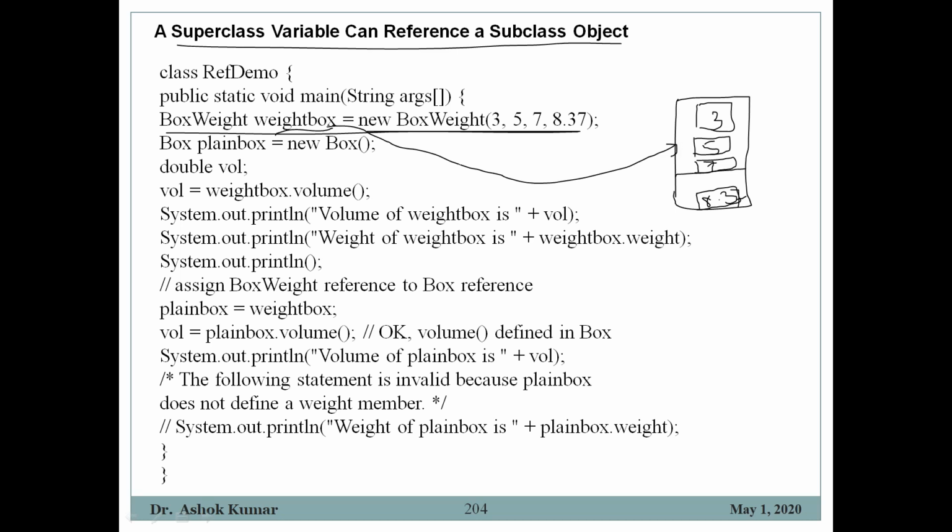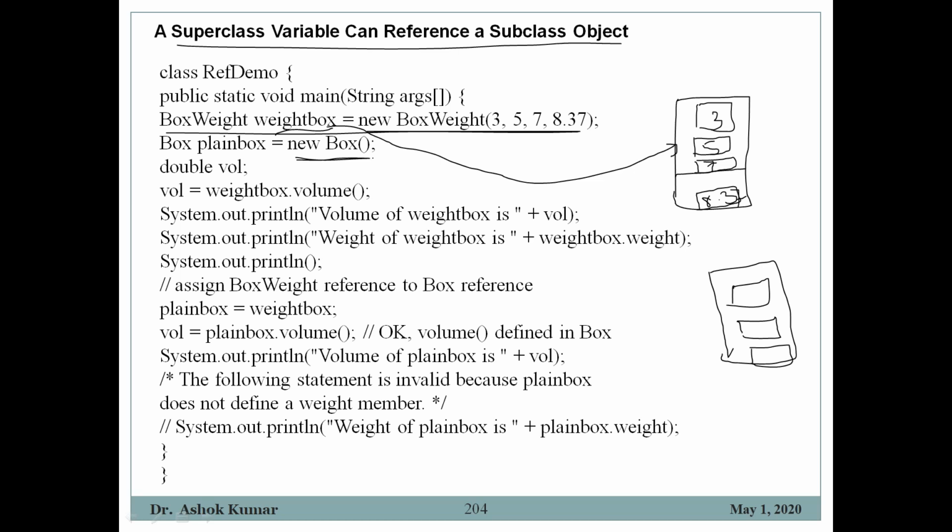So this is the case, and the reference to this object is this name, weight box. So this is the reference, and the next line is creating the object of the box class. So this box class will have just three parameters. So these are the three parameters or instance variables of the box class.